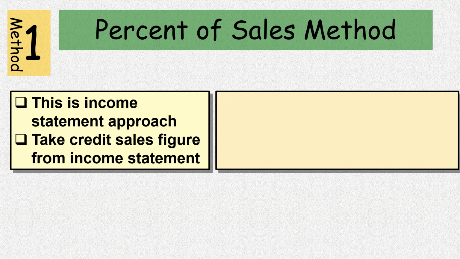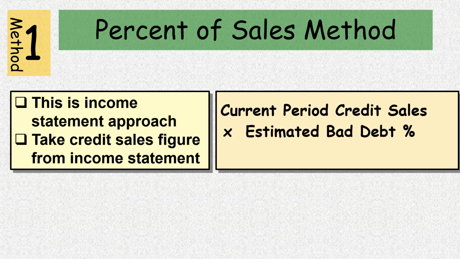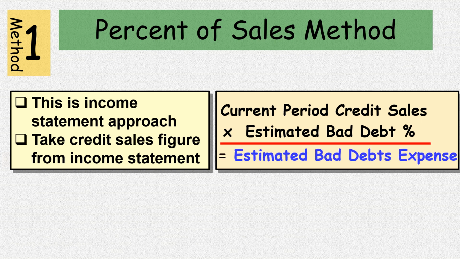So we calculate the bad debt expense by taking the current period credit sales and multiplying that by the expected bad debt percentage. Every business has a percentage they think they will not recover from their receivables. So we will use that, and that will give us the expected amount of bad debt expense.